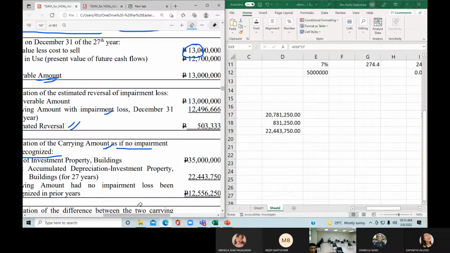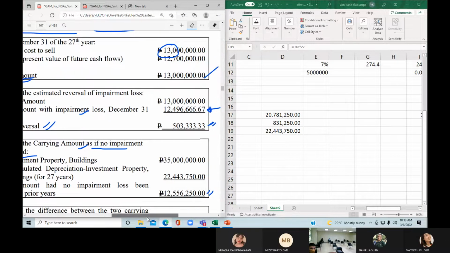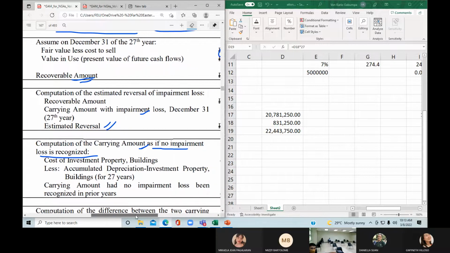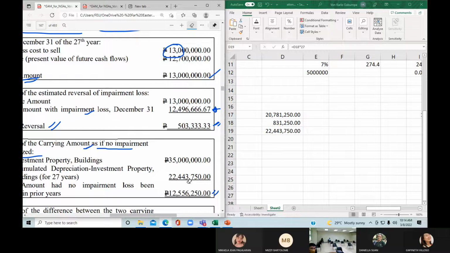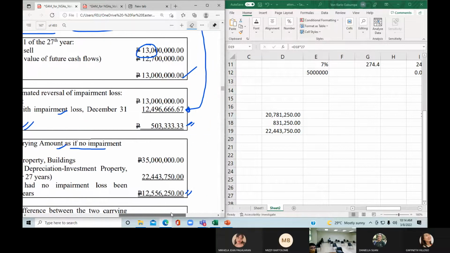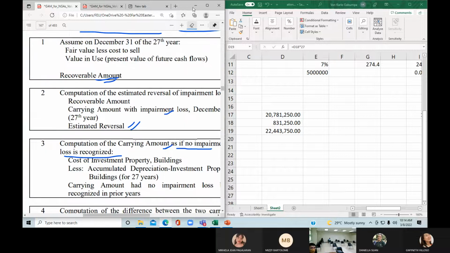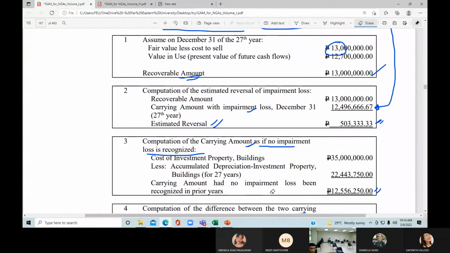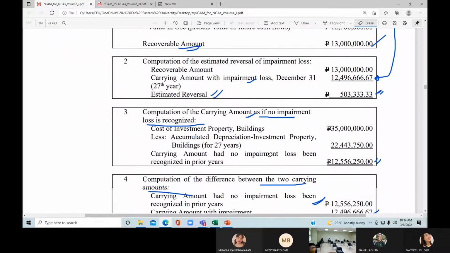Twenty-two, 443,750. So ito nga yun, ano? Accumulated depreciation for 27 years is 22,443,750. Magkano sana yung naging carrying amount kung hindi siya nag-impair? Ayan, 12,556,250.